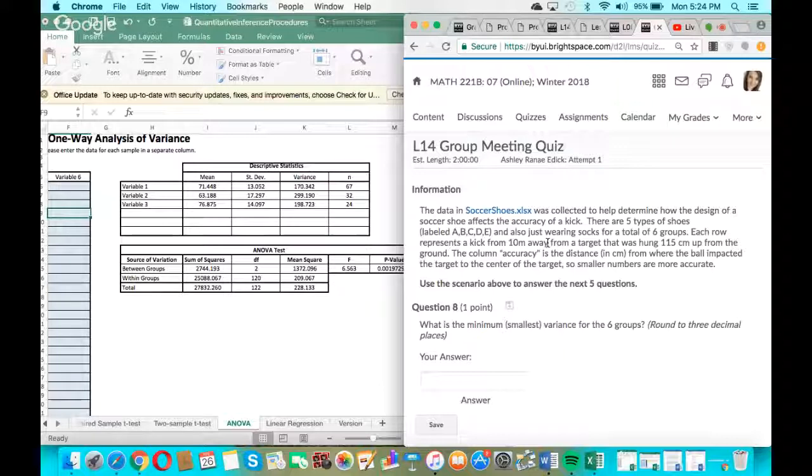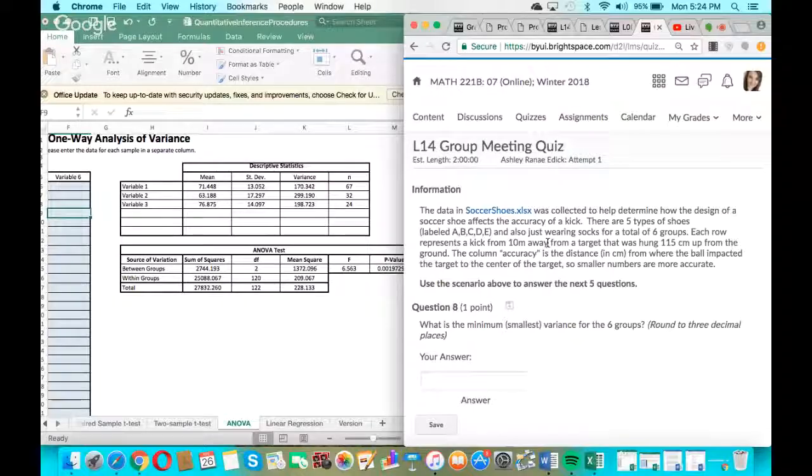Each row represents a kick from 10 meters away, from a target that was hung 115 centimeters up from the ground. The column accuracy is the distance in centimeters from where the ball impacted the target to the center of the target, so smaller numbers are more accurate. What is the minimum variance for the 6 groups?